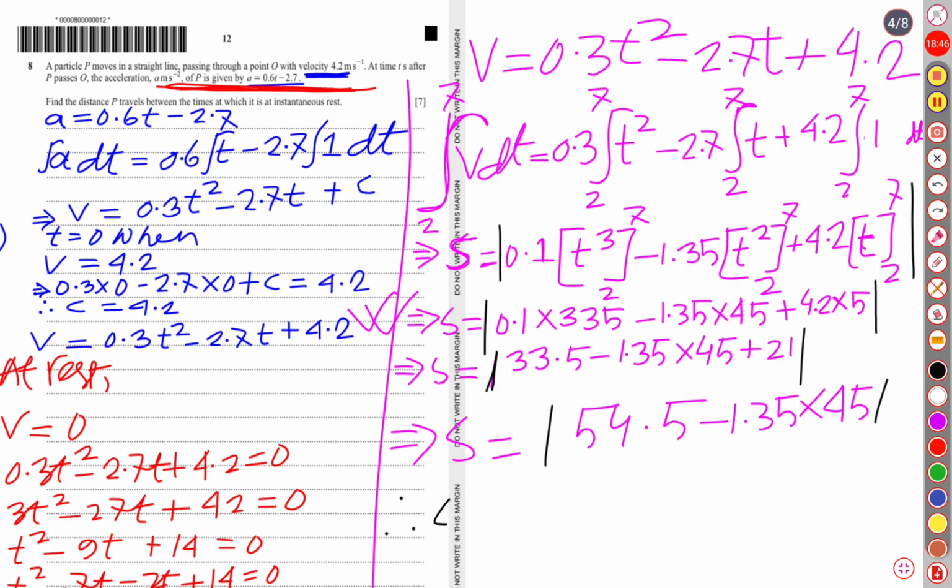Hence our s is going to be what? Let me write with the same ink.